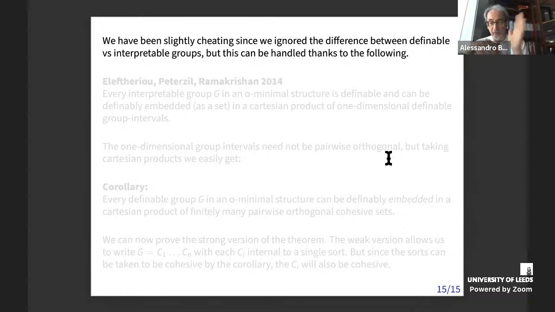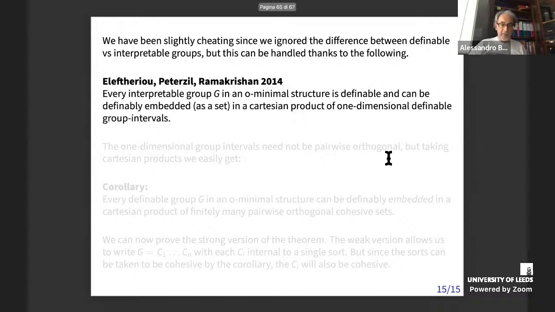So it doesn't make sense to speak about horizontal lines, vertical lines, which is used in the proof in the definably compact case. But this can be handled through the results of Eleftheriou, Pillay, and Ramakrishnan, which says that interpretable groups in a minimal structure are definable. And moreover, they can be definably embedded, not as groups, but just as sets, in a Cartesian product of one-dimensional definable group intervals.